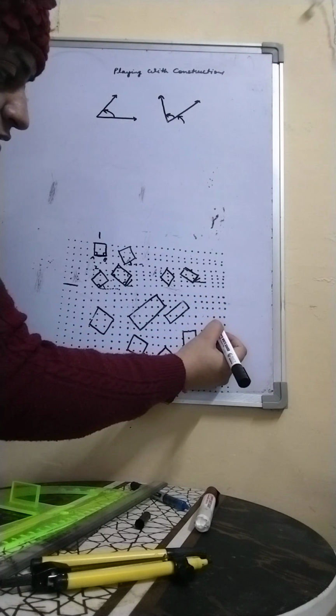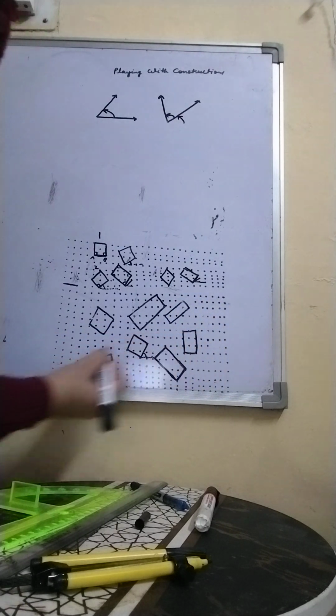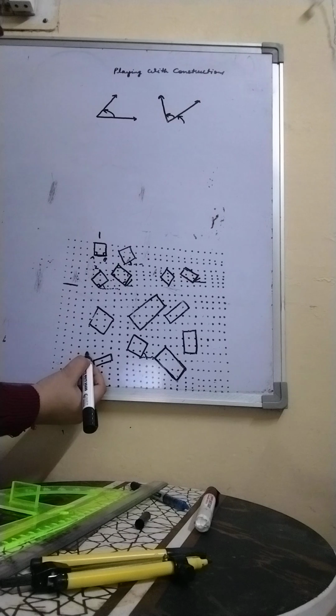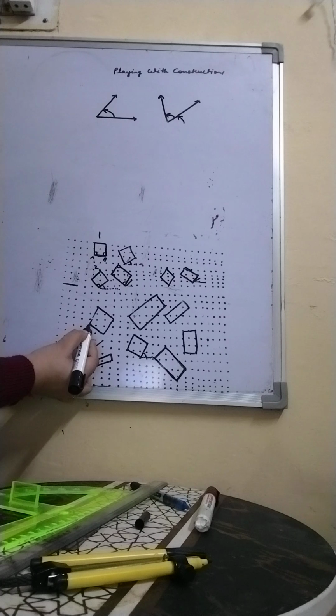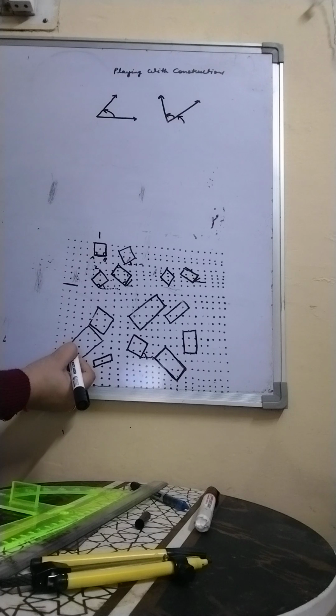Similarly, let's join it here. I would join 4 dots here and 3 dots here, 4 dots here and 3 dots here.